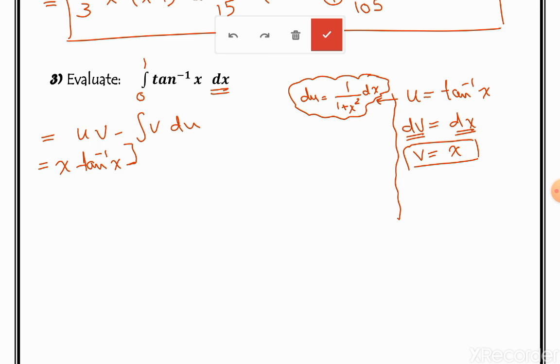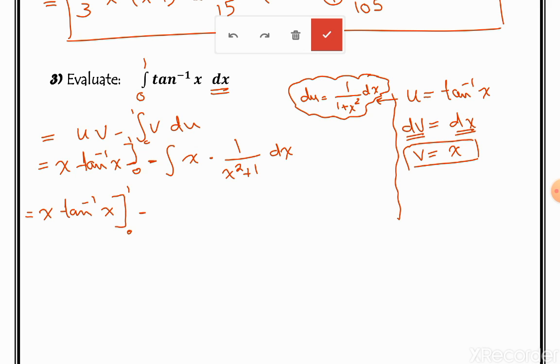This all will be, guys, don't forget, from 0 to 1, minus the integral of v, which is x, times du. du is 1 over x squared plus 1, or 1 plus x squared, the same, with respect to x. The first part is so easy, but the second part here, the first part I will leave it now, and then I will write it again, x tan inverse of x, and we should substitute from 0 to 1. We will do it at the end.